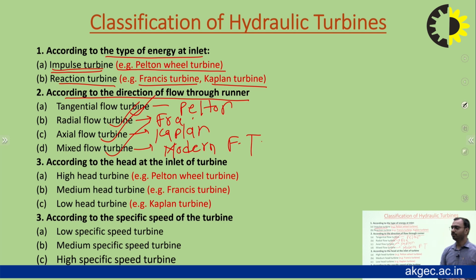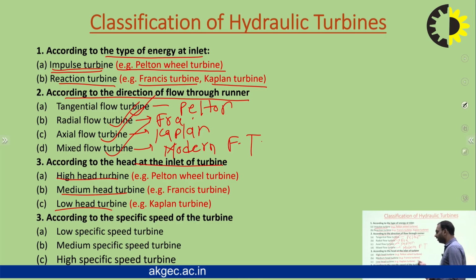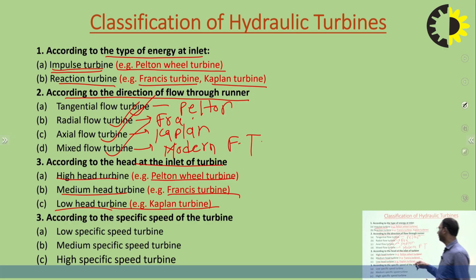Then according to the head at inlet of the turbine, the turbines are classified as high head turbine, medium head turbine and low head turbine. The example of a high head turbine is the Pelton wheel turbine, medium head turbine is the Francis turbine, and the example of a low head turbine is the Kaplan turbine.